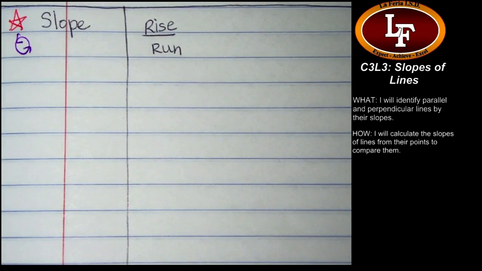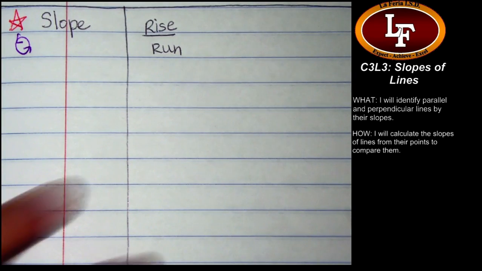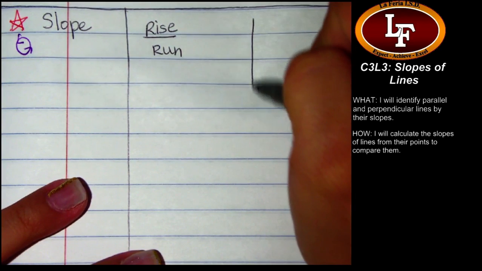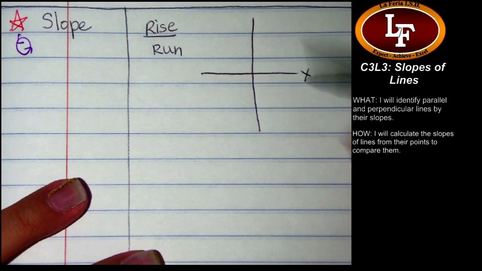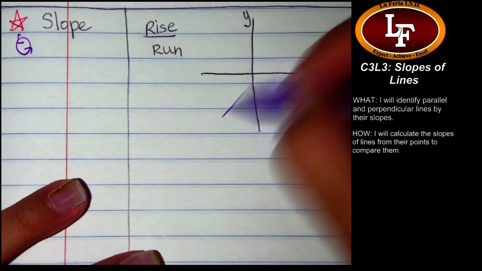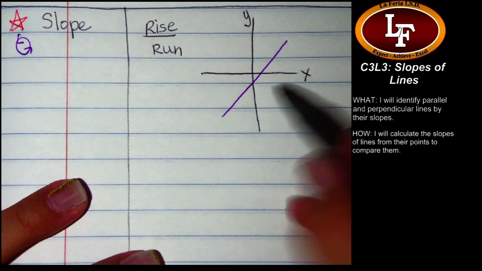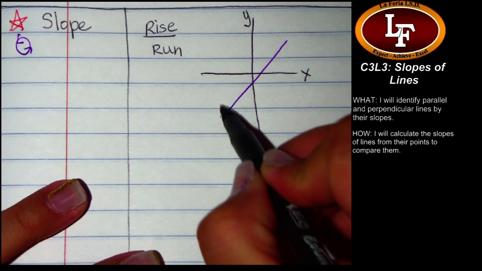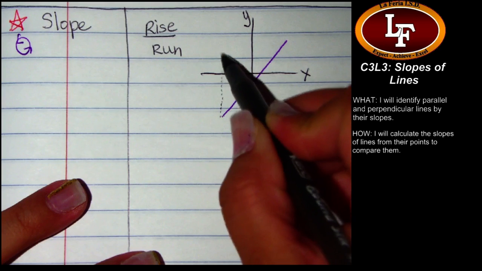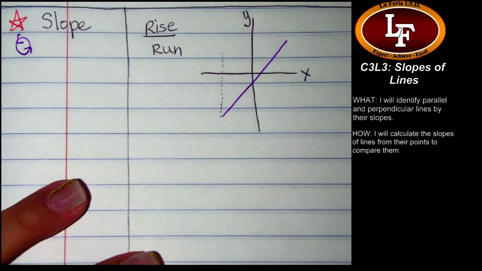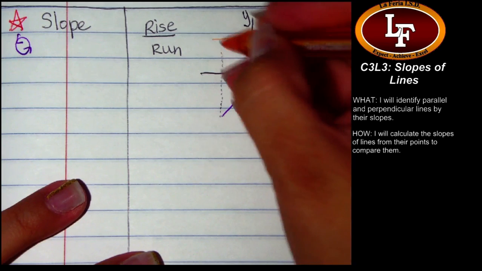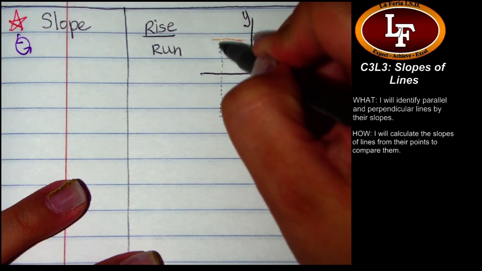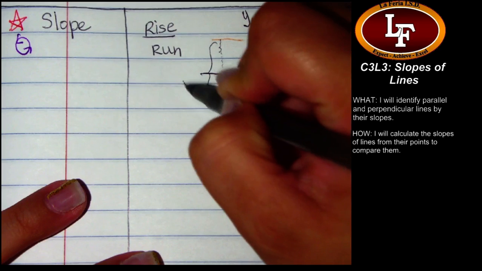But rise over run, what this is talking about is if we're on some sort of coordinate XY plane, and I have some lines sitting here, then however far I have to go up before I get to the same level as my line is my rise.